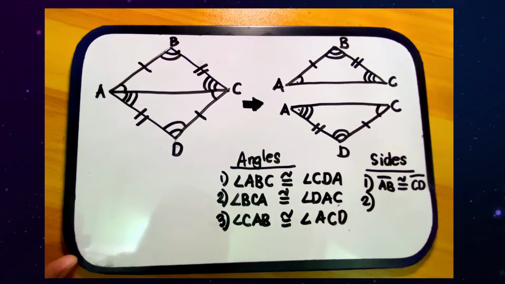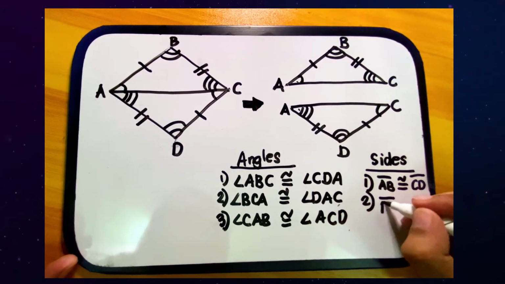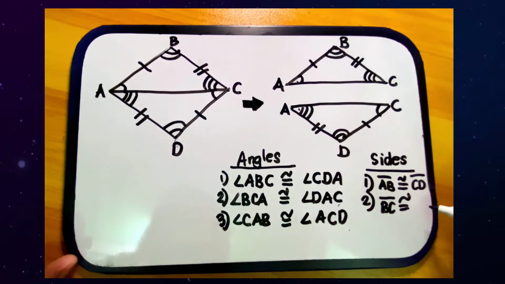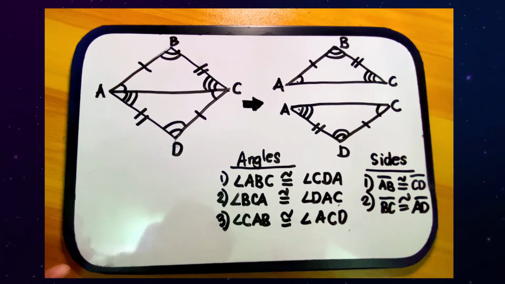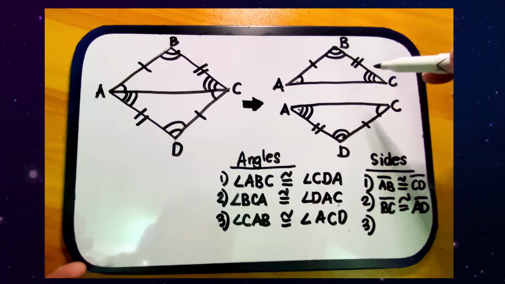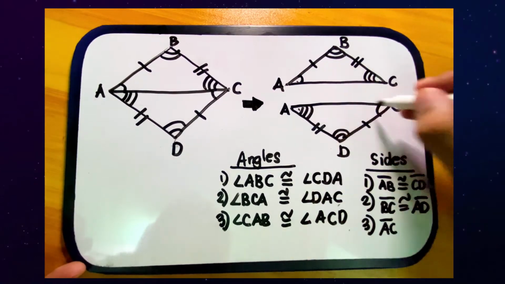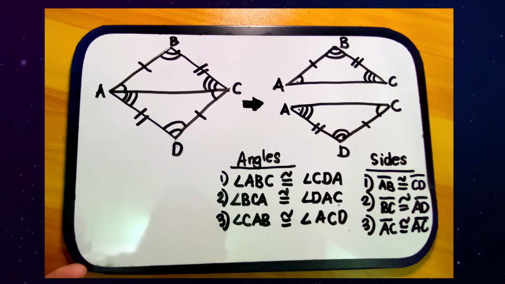Next pair is side BC is congruent to side DA or AD. Okay, next for number 3, or the last pair, side AC is congruent to side AC by reflexive property. Okay, so that's the correct pairings.